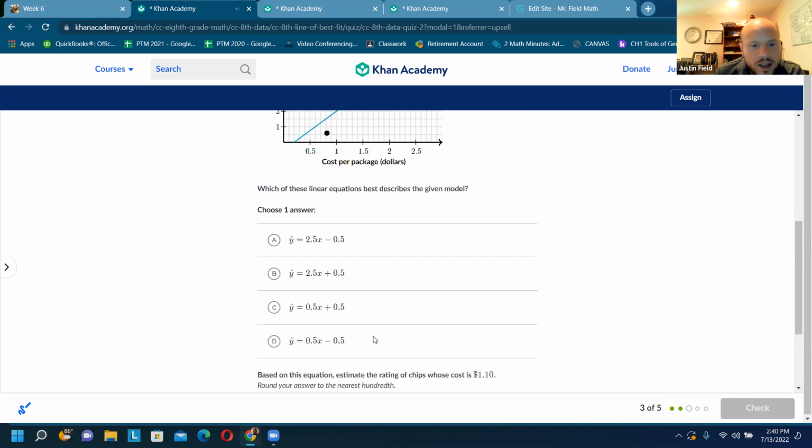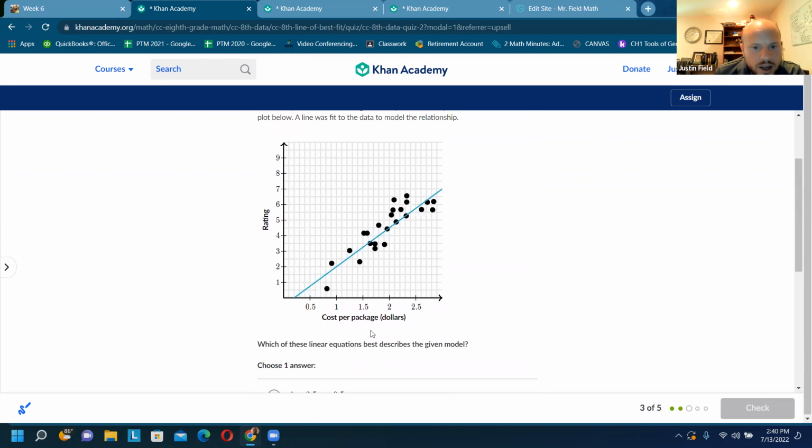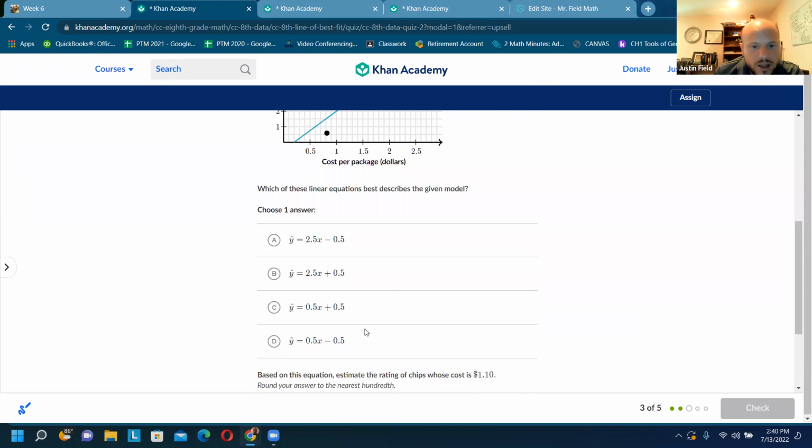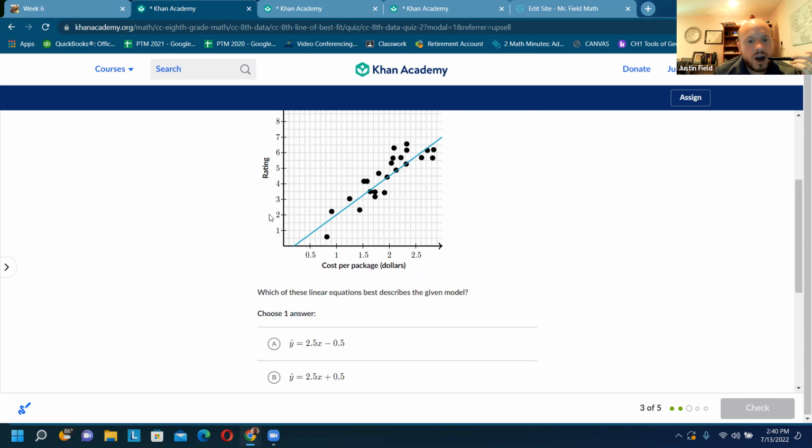Okay. Now this one right here, this one might be tough for you, but let's look at our choices. So that y-intercept is going to be where the line crosses the y-axis. So we can see if we extend the line out, it would not cross in the first quadrant. It would cross below 0. So that one could work, but that one could not work because it has a positive y-intercept.